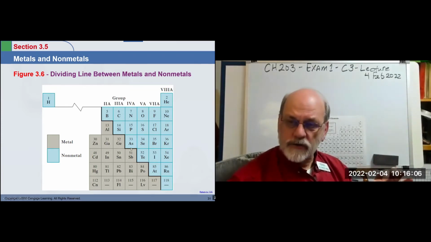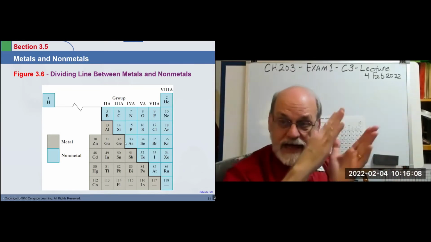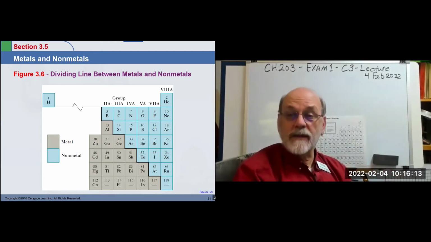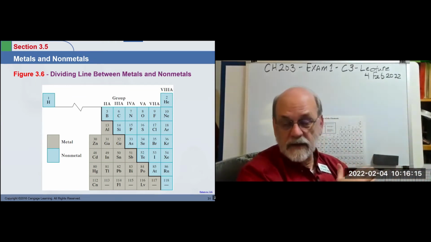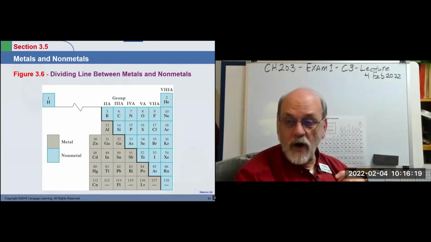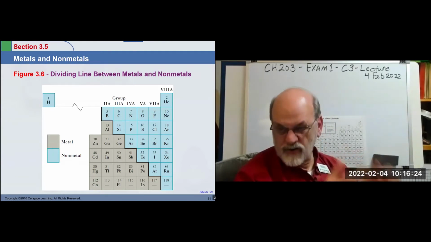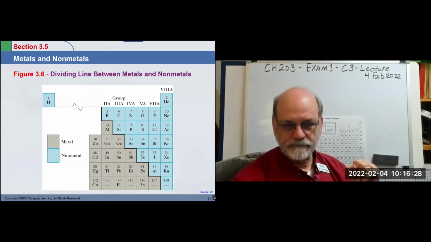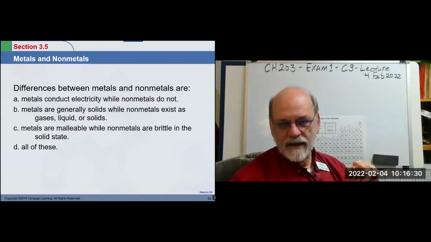These are so close to that line on either side, sometimes they behave like metals, sometimes they behave like nonmetals. It depends on the reaction environment. And for that reason, we call them metalloids, because they're sort of like metals, but not completely. Okay. All of these are characteristic differences between metals and nonmetals.